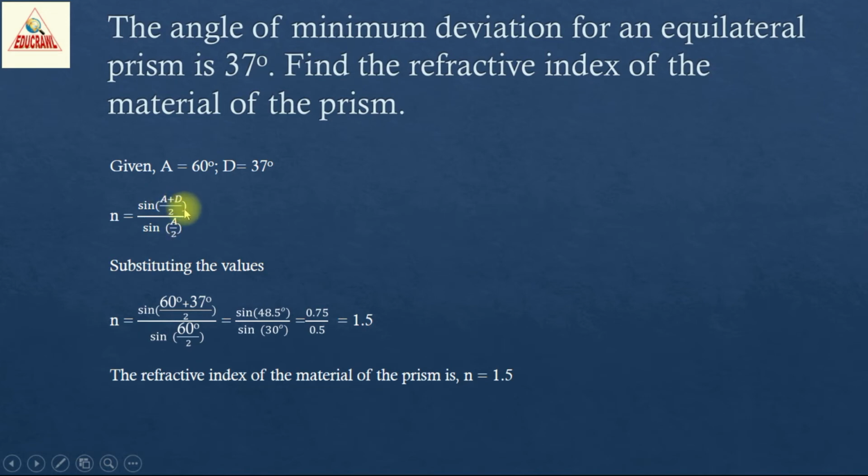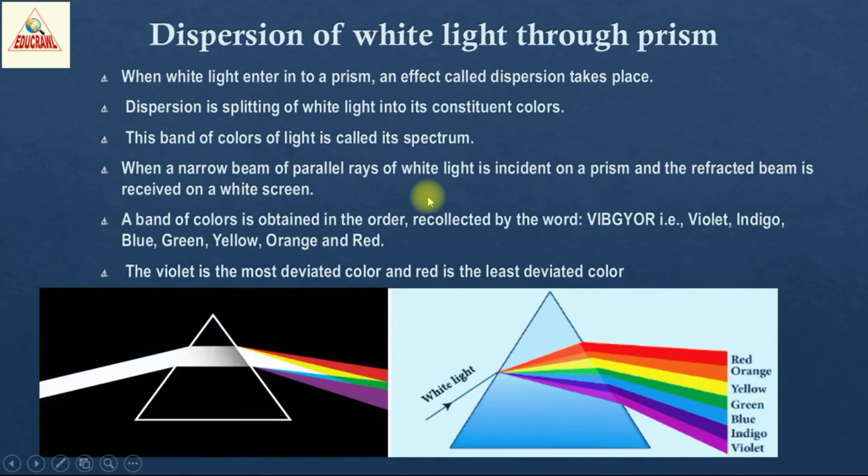Substituting the values of A and D, we get N is equal to sin((60 plus 37) divided by 2) divided by sin(60 divided by 2). So the equation becomes sin 48.5 degrees divided by sin 30 degrees. Substituting the values of sin, we get 0.75 divided by 0.5, which is equal to 1.5. The refractive index of the material of the prism is 1.5.